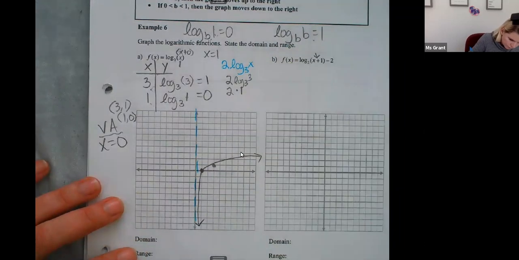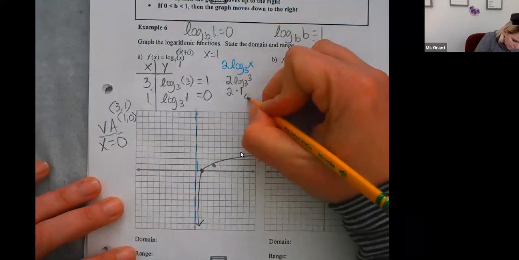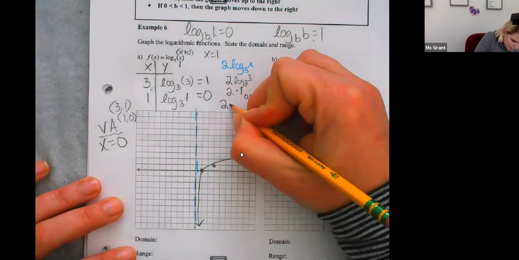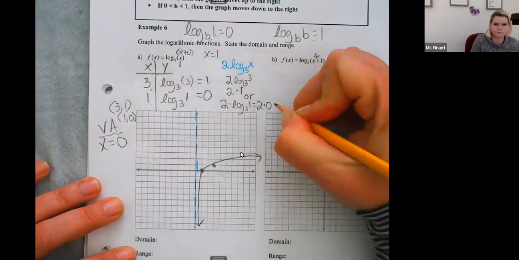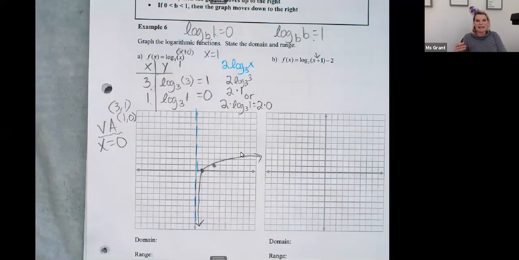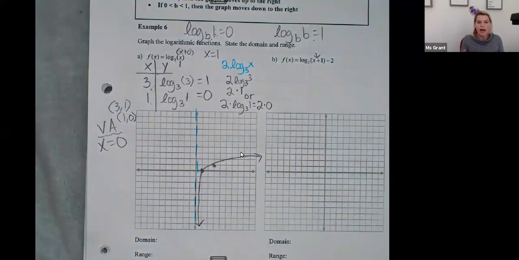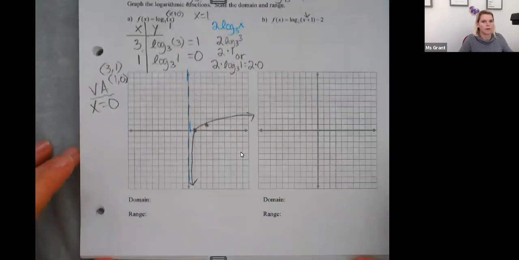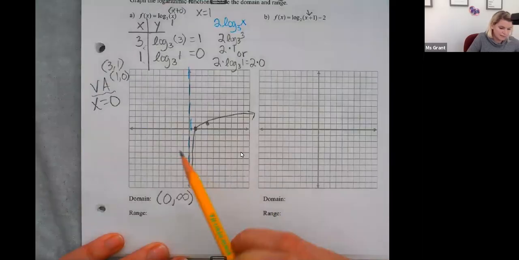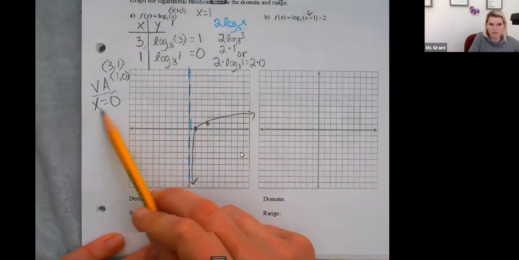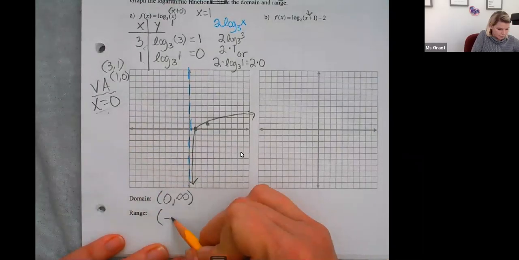Or 2 times log base 3 of 1, that's 2 times 0. So the 2 could be in front as an a. Remember the a? I could put a coefficient in front. My domain is 0 to infinity because x equals 0 is my vertical asymptote. Range is always all real numbers.